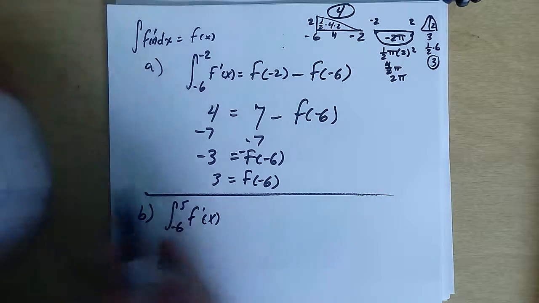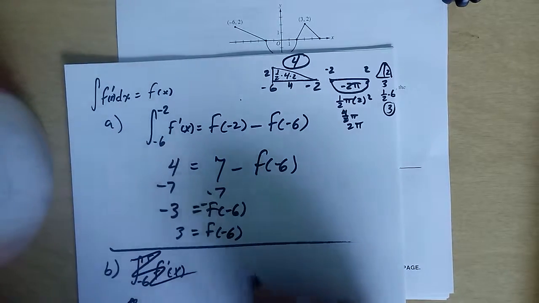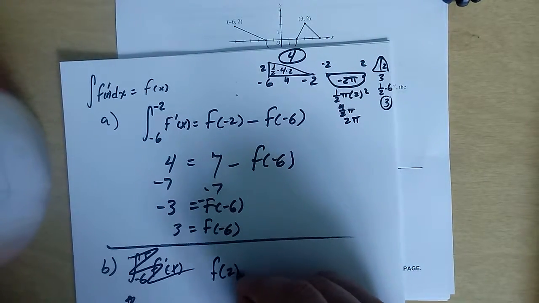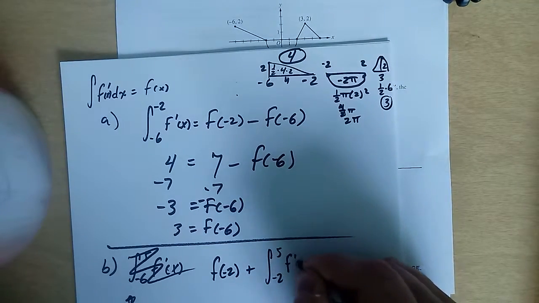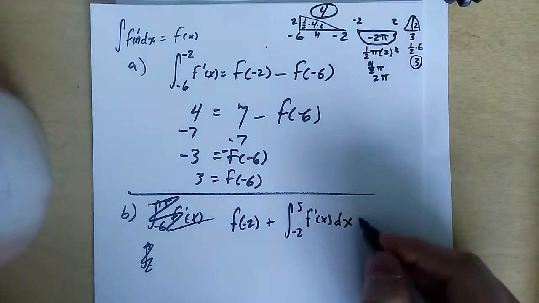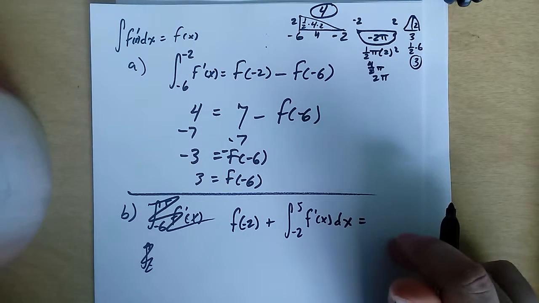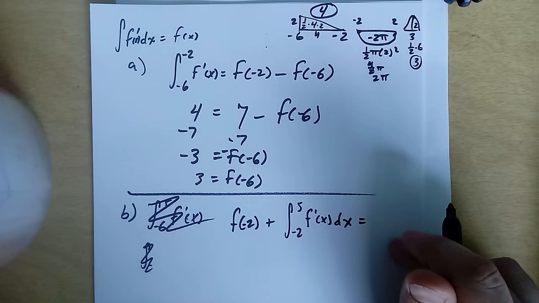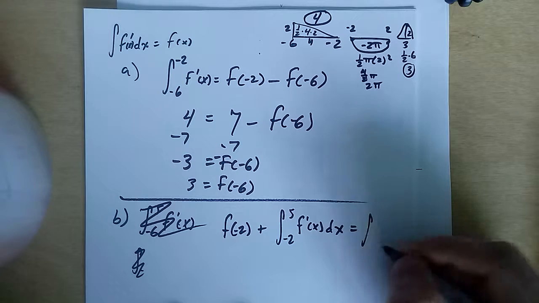And so I can't just take all this and add this up. Instead I need to say that I know f of -2 plus the integral from -2 to 5 is going to get me some area.